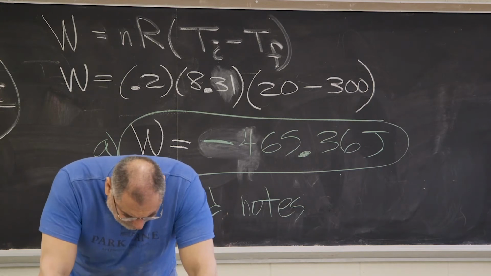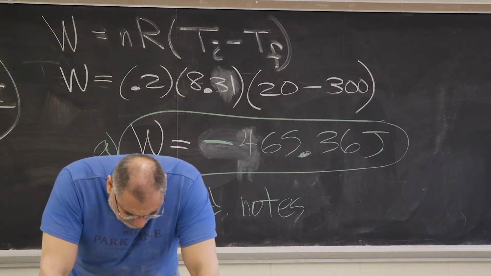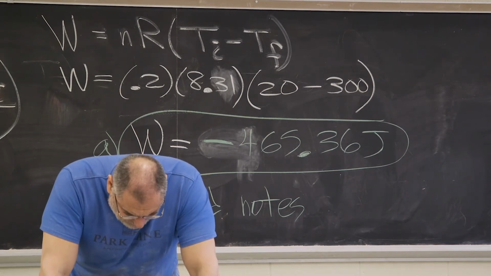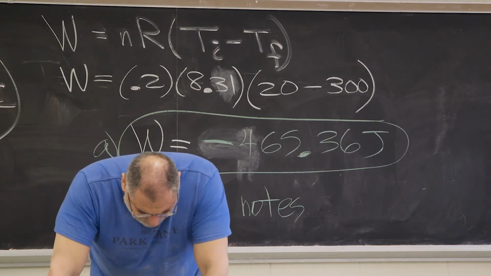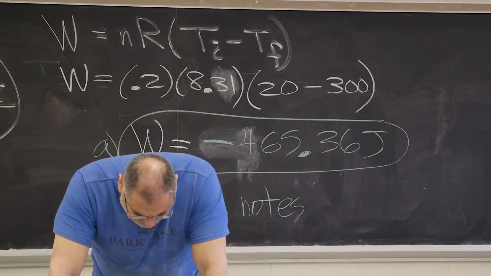D, what is the temperature of the gas at the new volume? E, find the internal energy of the gas when its volume is that 1 cubic meter. F, compute the change in the internal energy during the expansion. It's likely to lose internal energy when it does it.